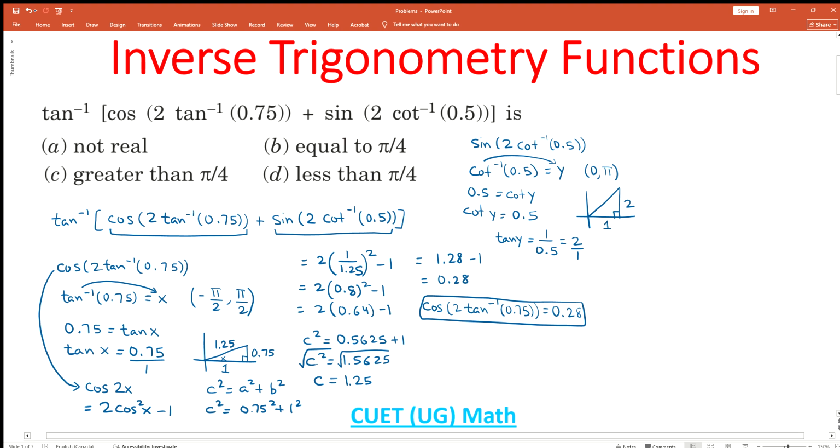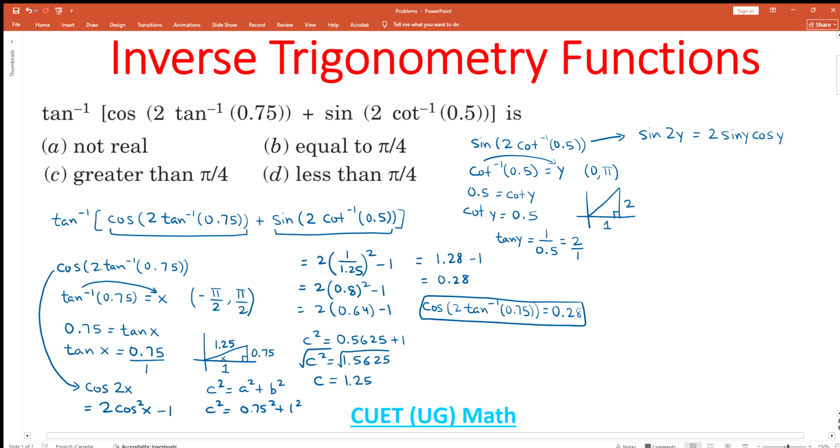Since we assume that cotangent inverse 0.5 is equal to y, our term becomes sine 2y. We can simplify this term using the double angle identity for sine. So sine 2y is equal to 2 times sine y times cos y. We can use the right angle triangle to find sine y and cos y.